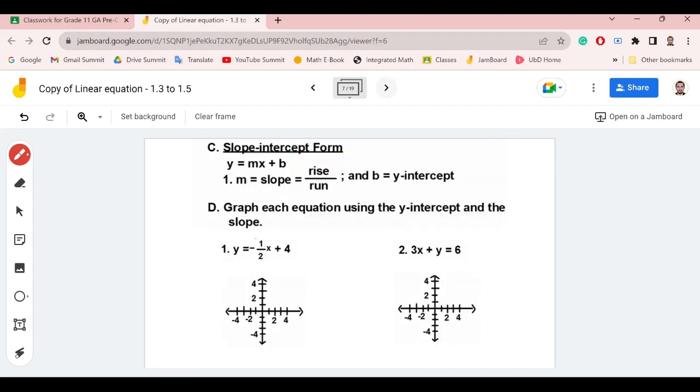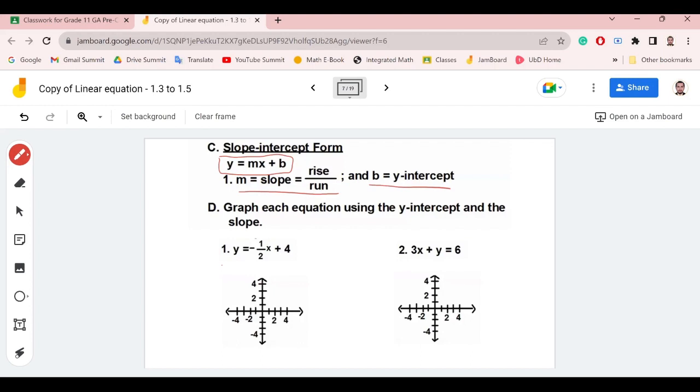After we finish the standard form, the slope intercept form, which all of you know how we can find. Okay, so as you can see, the slope is the rise over run and the b is the y-intercept. So how can we graph these two functions?